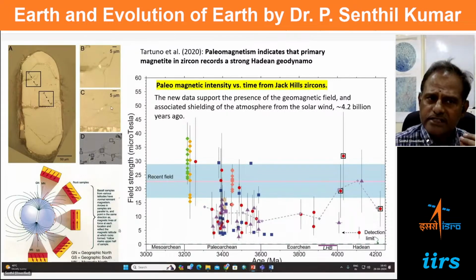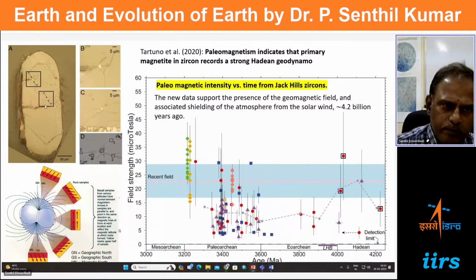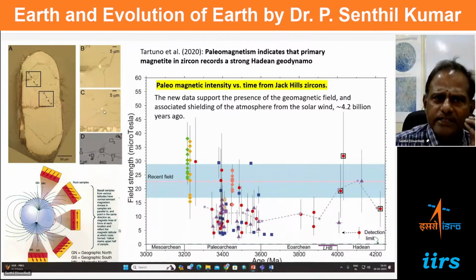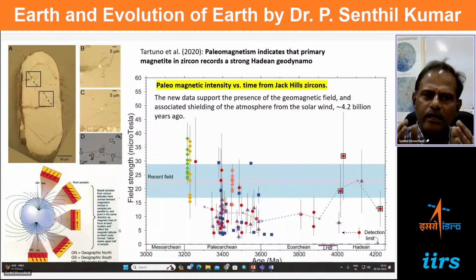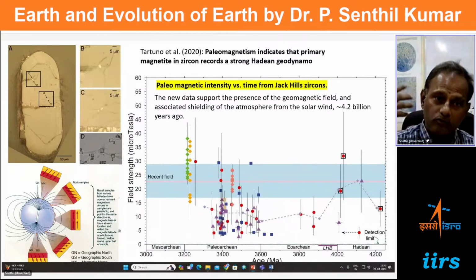Interestingly, these zircon minerals also contained some magnetic mineral inclusions. Look inside this grain. People found a few micron-sized magnetite minerals. These magnetite minerals recorded the magnetic field that was present about 4.4 billion years ago.